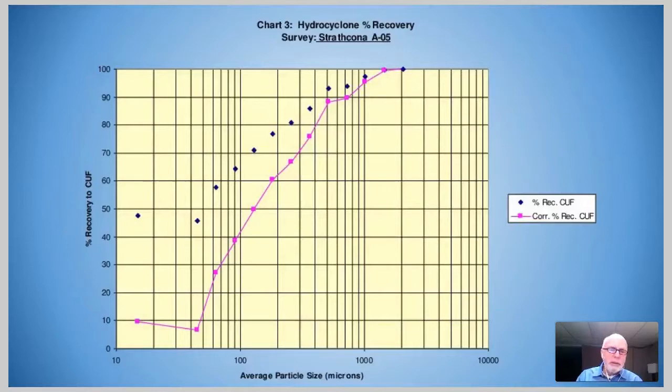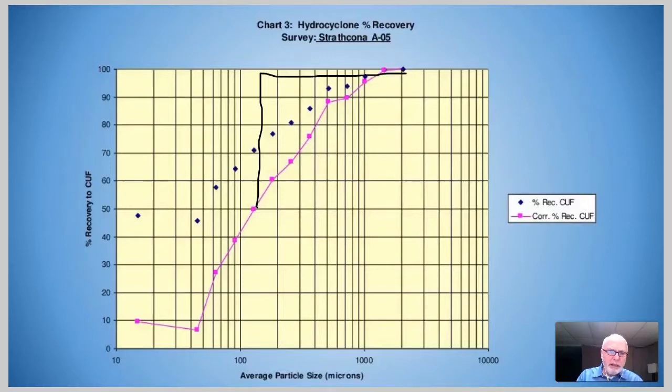So what this graph shows is that a hydrocyclone is far from being a perfect classifier. If we had perfect classification, say at the cut size, the D50C cut size here of about 150 microns, we would have a vertical line running from that point up to 100% recovery, and every particle coarser than that would be recovered to underflow at 100%.